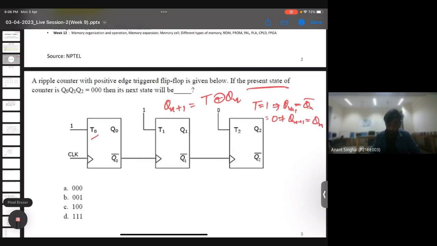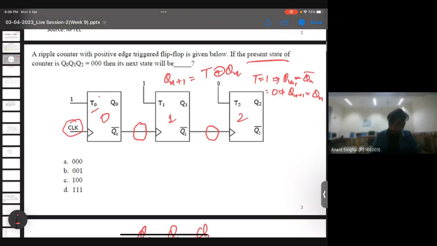Now it says that the next state will be. As you can see here, the application of clock is only in the first flip flop, and all the other clocks depend on the output of the flip flop generated by this T0. I'm marking them as 0, 1 and 2. So the clock for T1 and T2 will depend upon the output of this T0 flip flop.